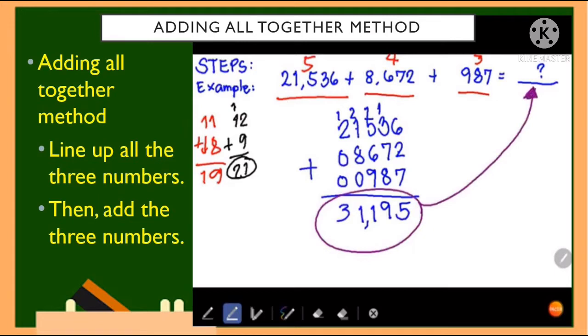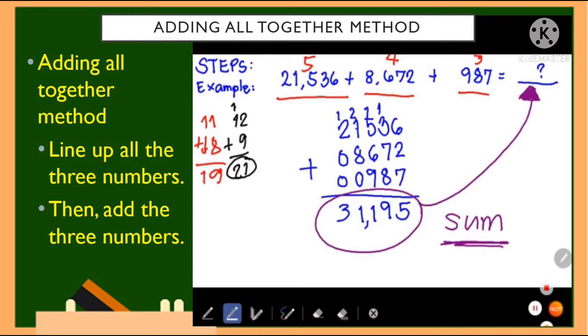What do you call again the answer in an addition process? Sum, correct? S-U-M. Right? So these are the processes in adding all together method. Alright, don't forget those steps, okay?